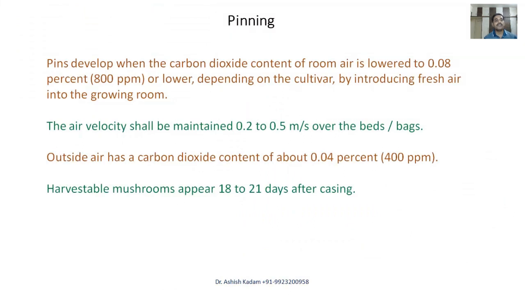So pinning: pins develop, small buds develop, when the carbon dioxide content of the room air is lower than 0.08%. 0.08% means 800 ppm or lower, depending on the variety or the strain of spawn you are using.